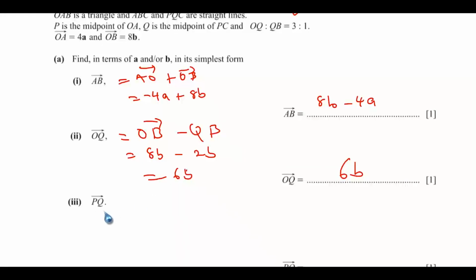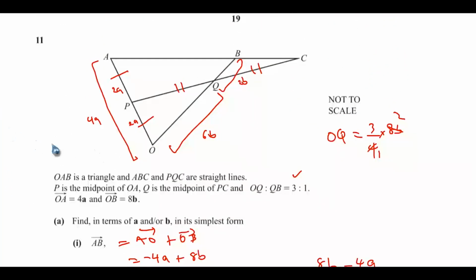Then part 3, PQ. If you go to the diagram, PQ will be equal to PA plus AB plus BQ. The value of PA is 2A, and AB is 8B minus 4A.